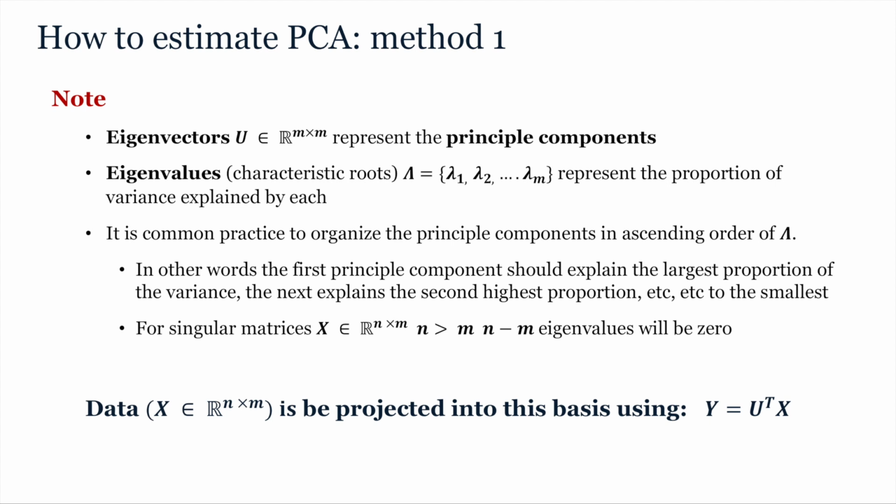It's common practice to reorder our set of eigenvalues and vectors by eigenvalue magnitude, starting with the largest, so as to represent the new coordinate basis in descending order of explained variance. We are then able to project all of our data onto this new rotated basis using U transpose X.